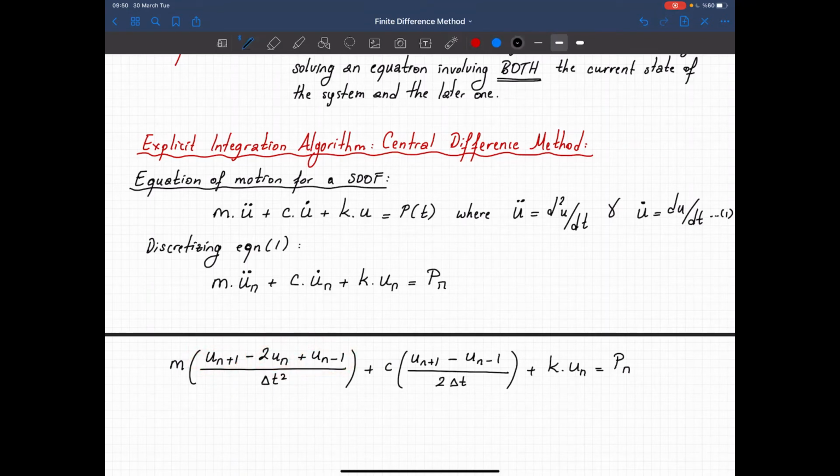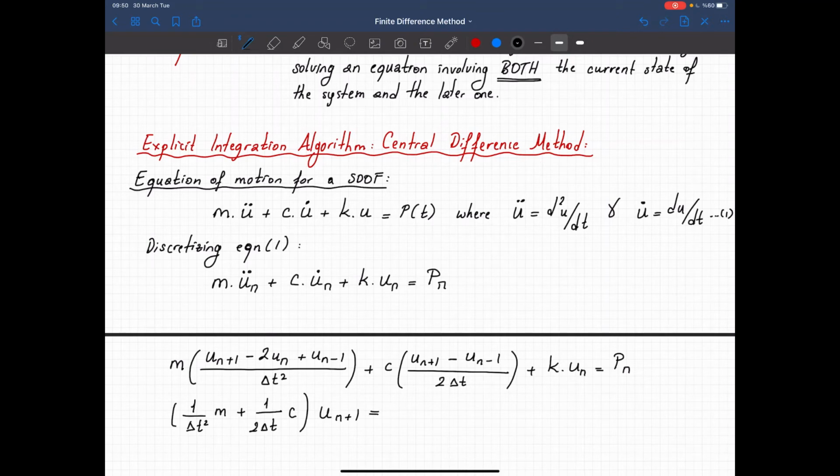So here I have 1 over delta t squared m plus 1 over 2 times delta t c, multiplied by un plus 1.